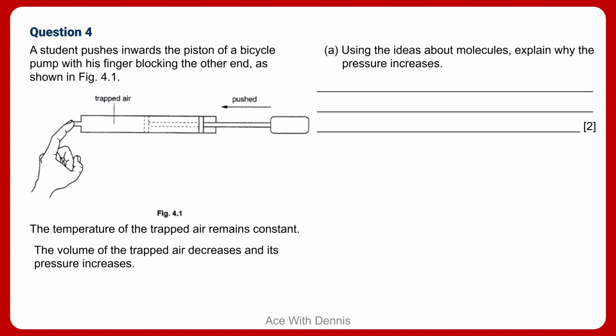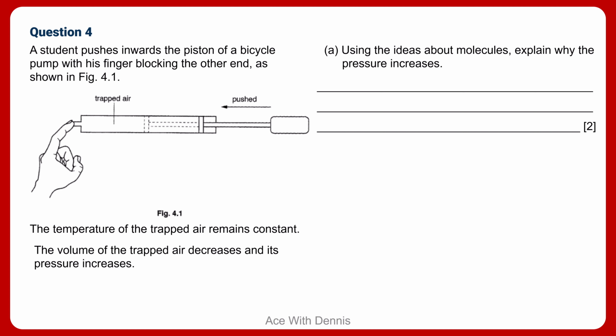2 marks. Okay, so remember that there are two factors that can change the pressure of air, which is the temperature and the volume of the air. So for this case, the temperature is constant. So in other words, when the volume changes, then the pressure will change.